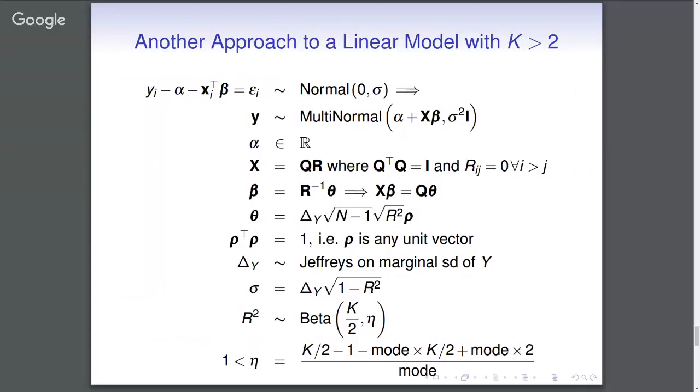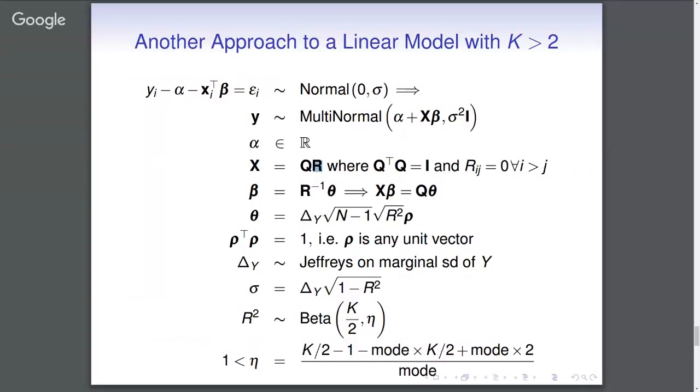I'm going to assume alpha is any real number. And then I'm going to start to get a little bit tricky. I'm going to represent X as the product of the matrix Q and R. In other words, I'm taking the so-called QR decomposition of X, which always exists, and produces a matrix Q such that Q transpose times Q is equal to the identity matrix, and R is an upper triangular matrix.